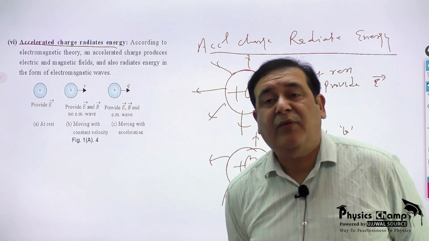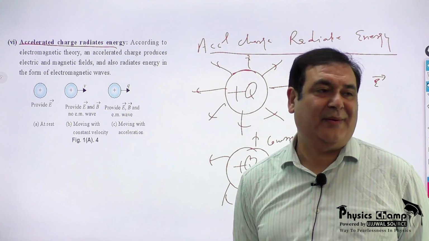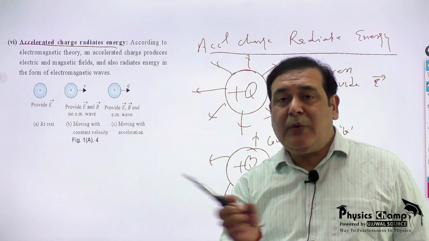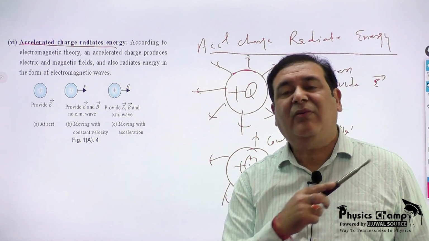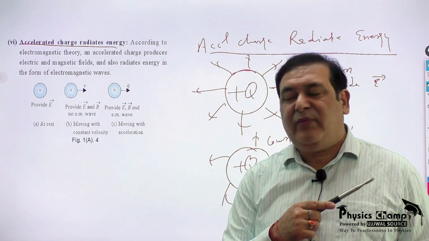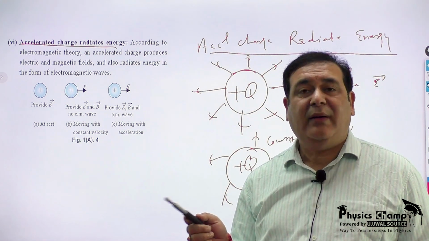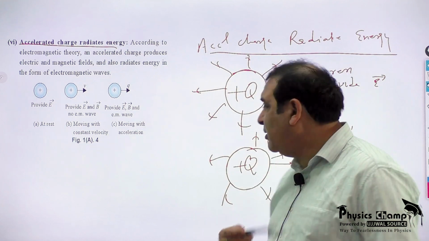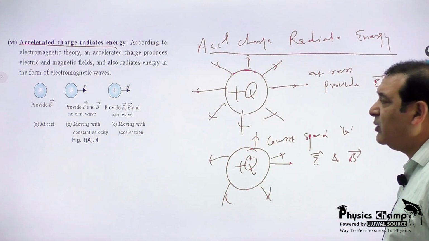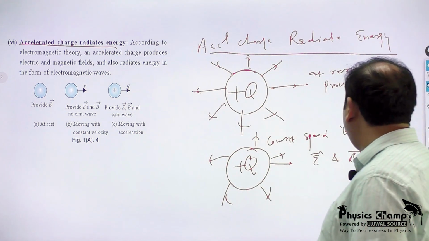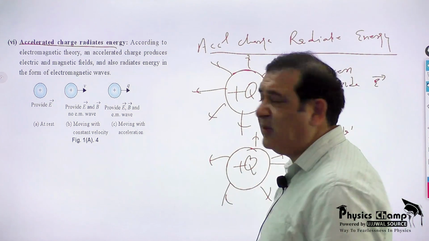A current carrying wire has a magnetic field around it. Charge in motion is like current flowing, and whenever current flows in a wire, it produces a magnetic field.